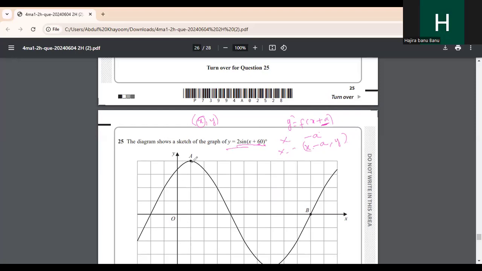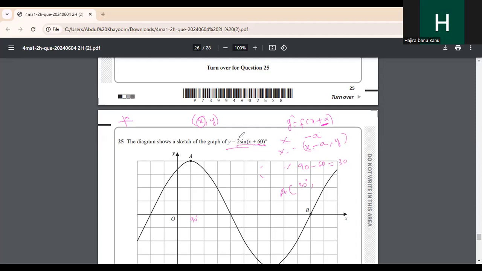In the original graph, we have seen that the maximum value 1 was for the angle 90 degrees. But in this graph, because it is x plus 60, and 60 is inside the bracket, we will subtract. 90 minus 60 gives 30. So for point A, the value of x is 30 degrees.